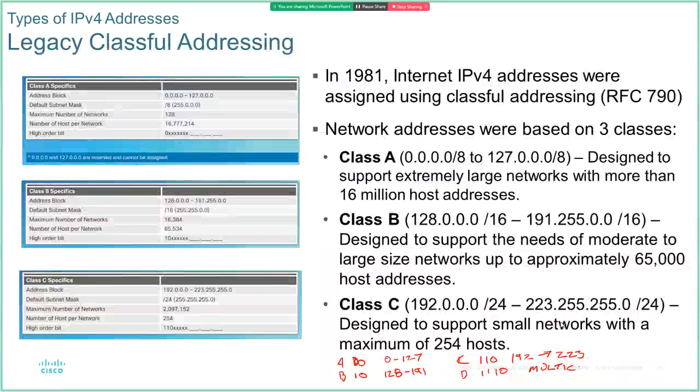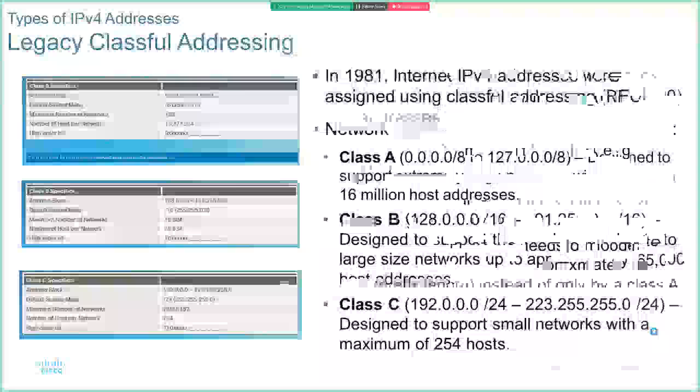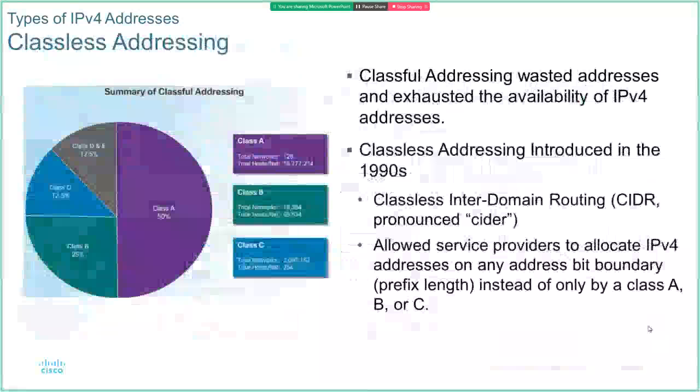And then if you look back in the history, we had that range which was used for testing and research. So that's where the D and E networks were.